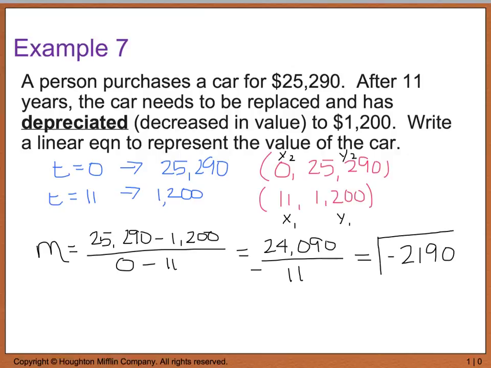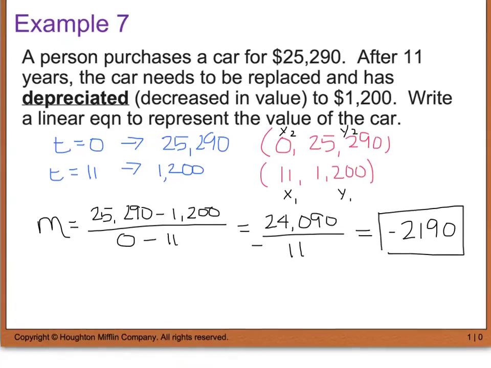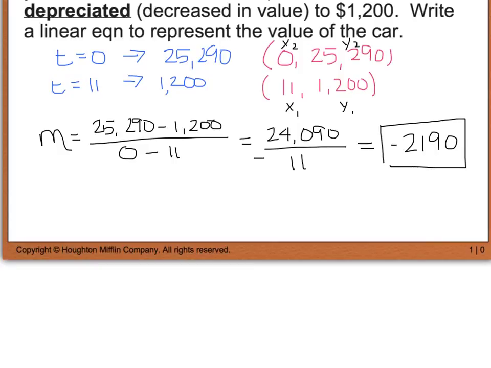Okay, so I've got a slope now, and if I want to write my equation, all I need to do is use my point slope formula, and I'm going to use my first point here to plug in, so I have y minus 25,290, and that's going to be equal to my slope of a negative 2,190 times a quantity of x minus 0.